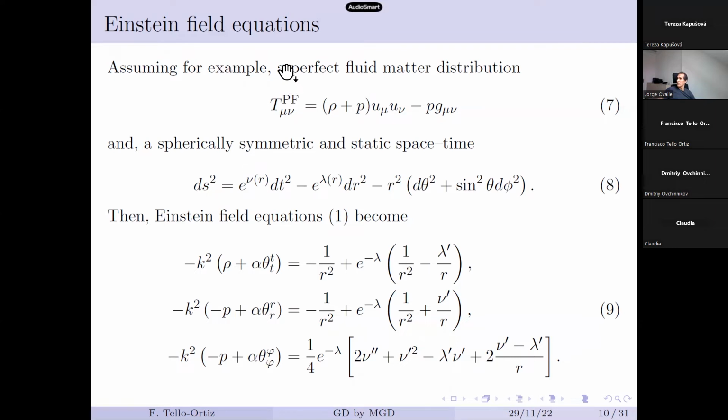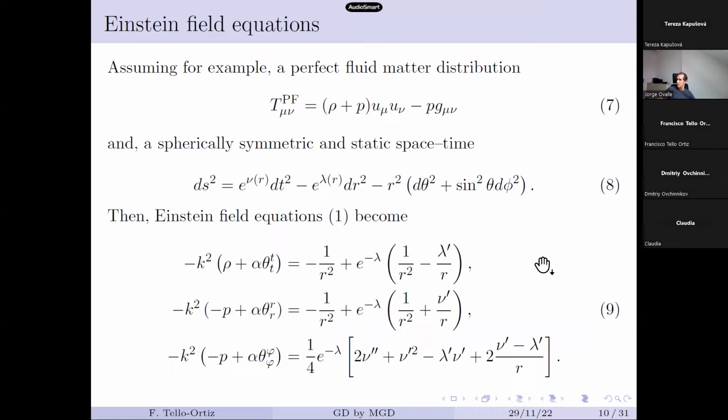If you plug this information into the Einstein field equation, we obtain this set of equations, the set of equations 9, okay? Here you have the components of the perfect fluid energy momentum tensor, and here you have the components of the theta sector. Please remember that we are including this new source, and here you have the geometric part of the Einstein field equation as usual.